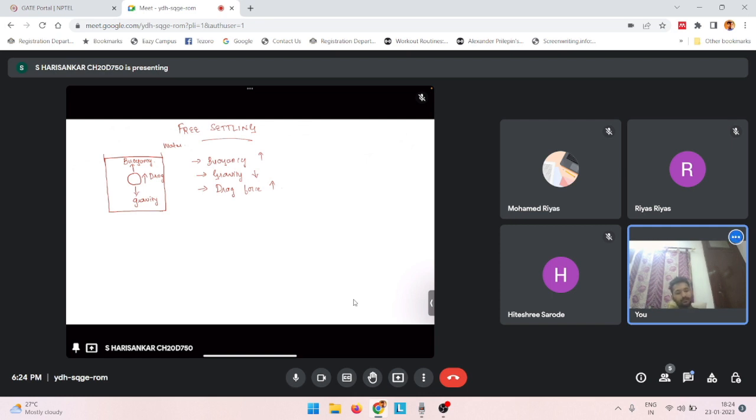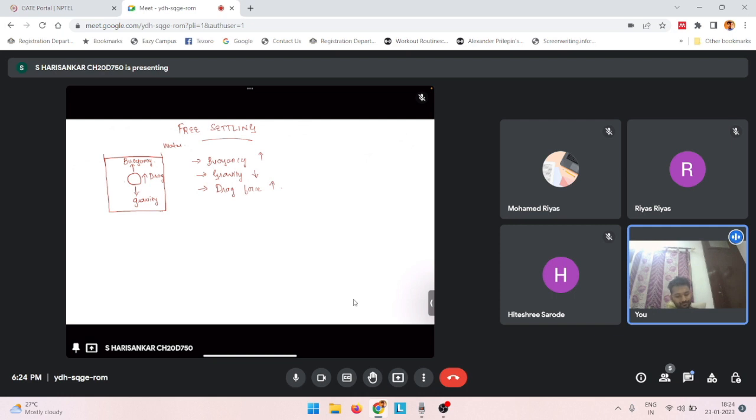Before we consider equilibrium, let us see what the force balance equation will look like.